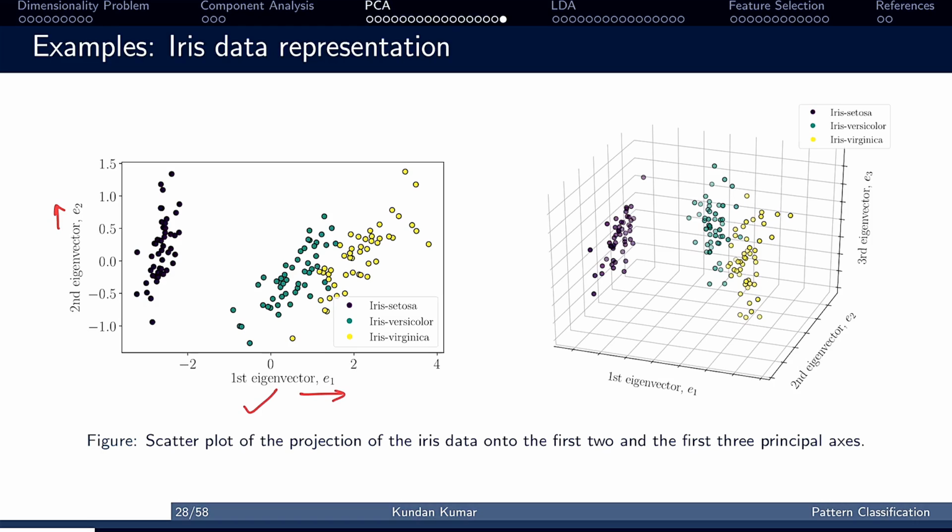So this is the direction of the two principal directions. So how the feature vectors are separable. The main idea of PCA is that we are trying to uncorrelate the feature vector. Okay, and this is the 3-dimensional representation of the 4-dimensional feature vectors, which we obtain using PCA.